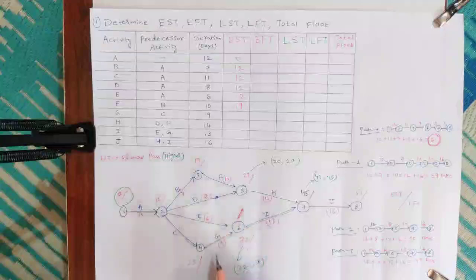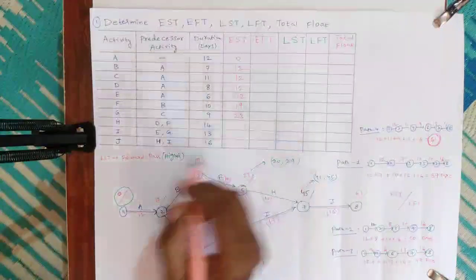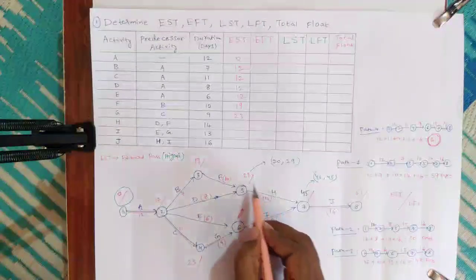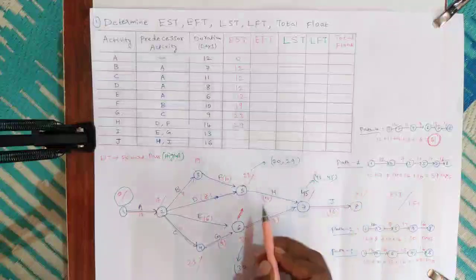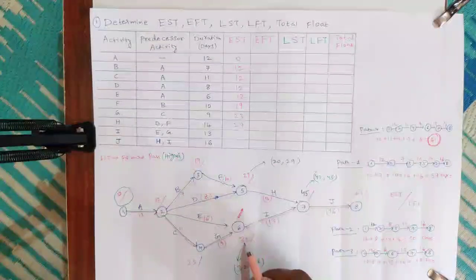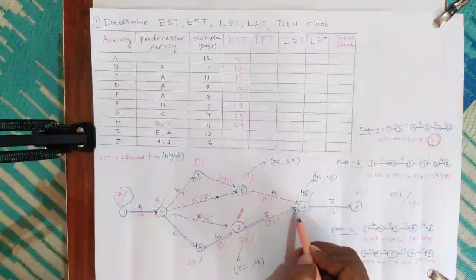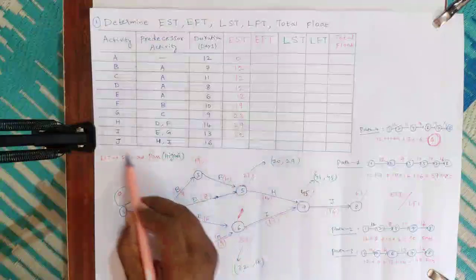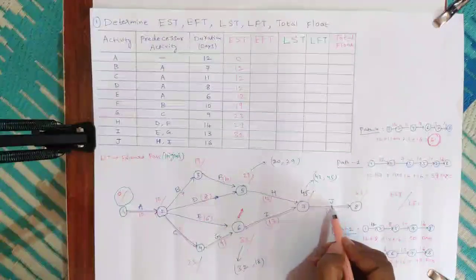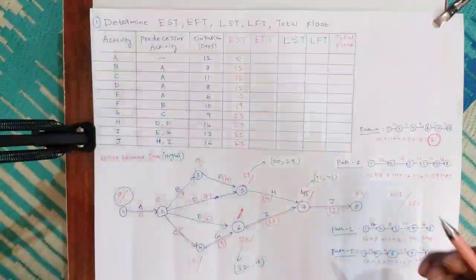For activity G, it is 23. For activity H, it is 29. For activity I, it is 32. Start time we need to see at the tail, and end time at the head. For activity J, start time is 45. We have completed earliest start time.